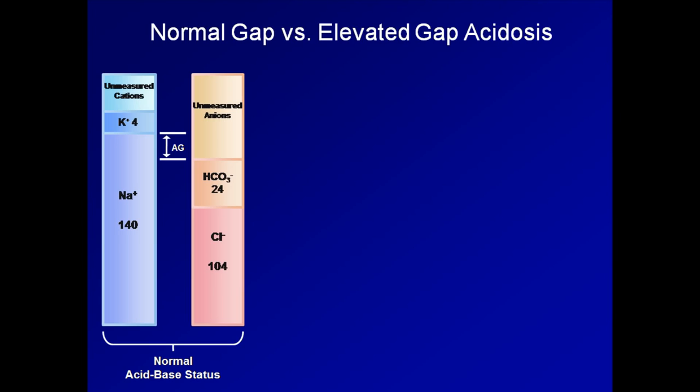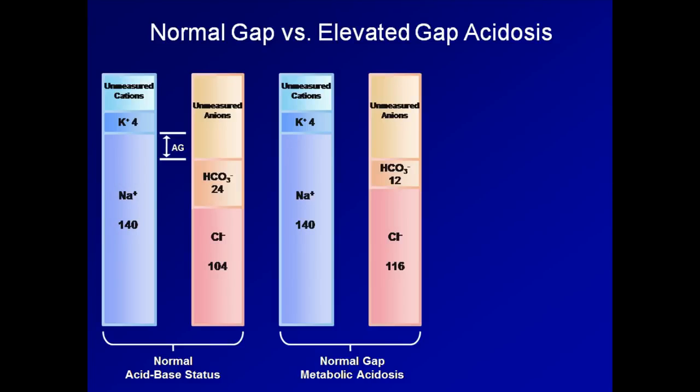In a normal gap metabolic acidosis, bicarbonate concentration is decreased and chloride is increased in roughly a 1-to-1 ratio. This can be seen with either loss of bicarbonate or decreased excretion of acid by the kidneys. As you can see, there is no change in the value of the sodium minus bicarb minus chloride. Thus, the anion gap is unchanged.